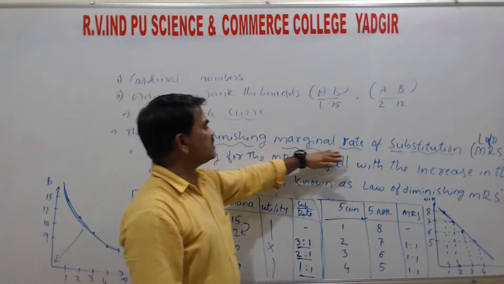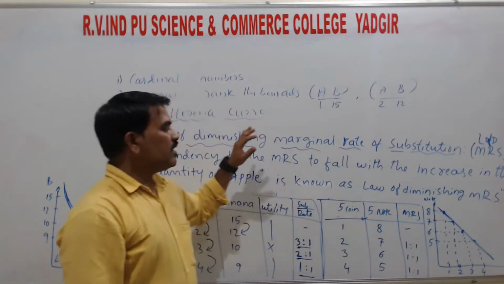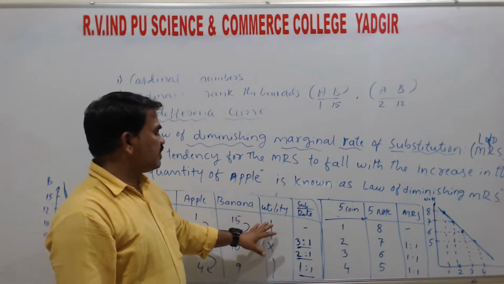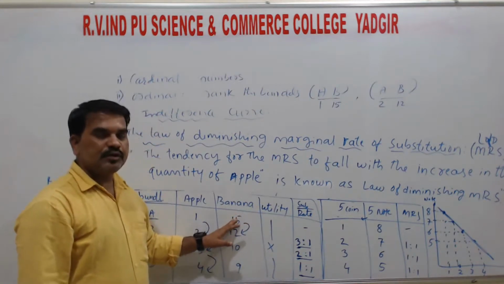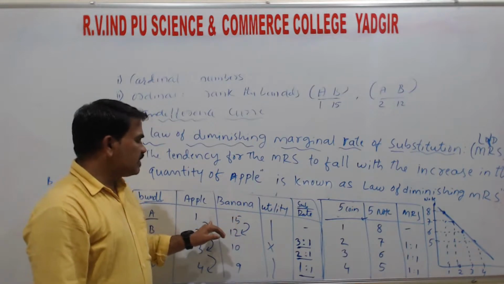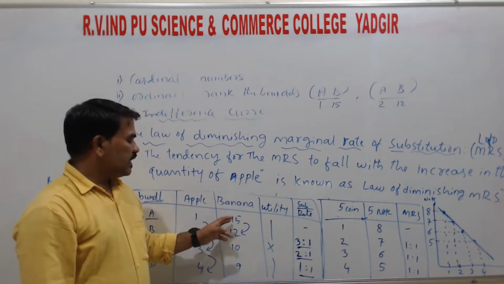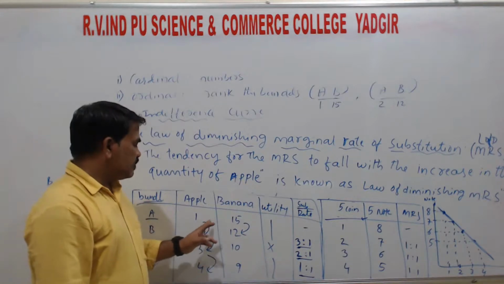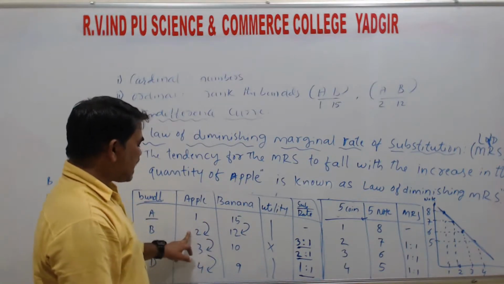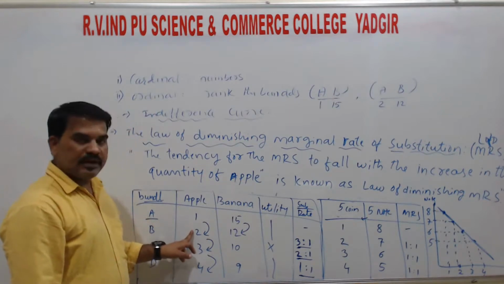Before this, we have discussed marginal rate of substitution. It means at what rate he is substituting banana with apple. He is reducing bananas and he is adding apples here.